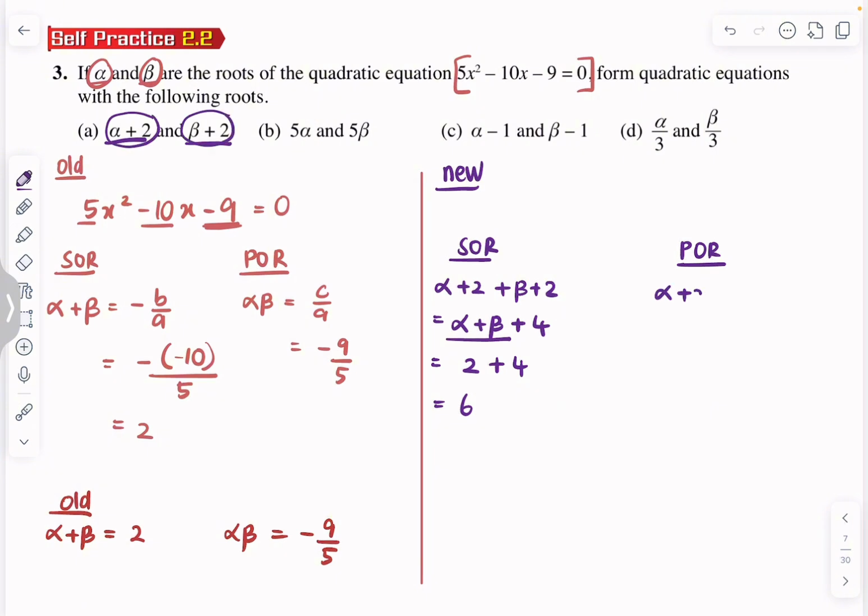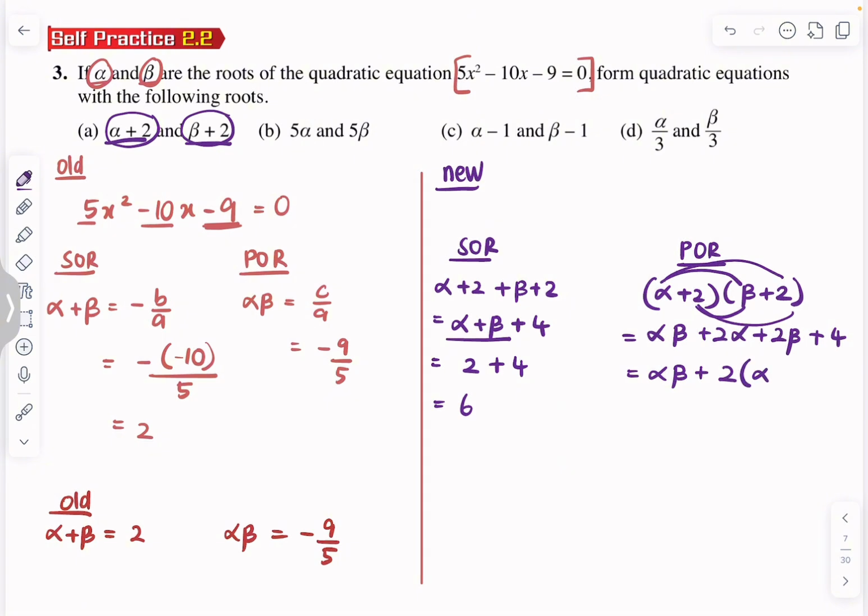Then our new product of roots is the product of these two. Alpha plus 2 times beta plus 2. So we expand this, we get alpha beta plus 2 alpha plus 2 beta plus 4. And we try to simplify this, factorize: alpha beta plus 2 times alpha plus beta plus 4. We know alpha beta is negative 9 over 5, we put it here.